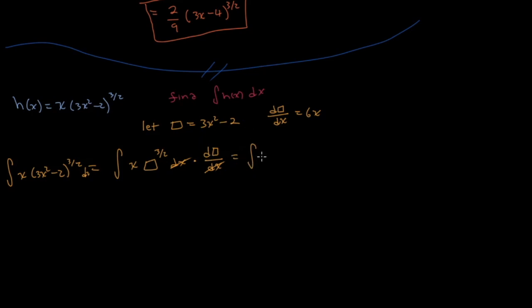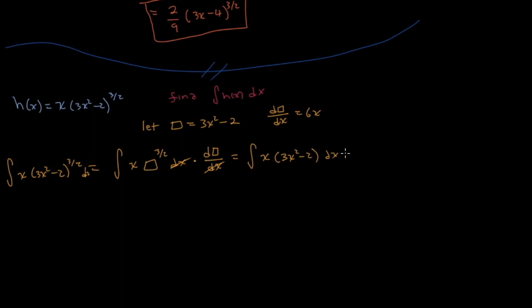So then we would write it as this. We write x times, substituting our box back in, 3x squared minus 2 times dx times this, which is 6x. But as you can see here, we already have an x, which is good. The only thing we need to do to make this equal to 6x is add a 6.